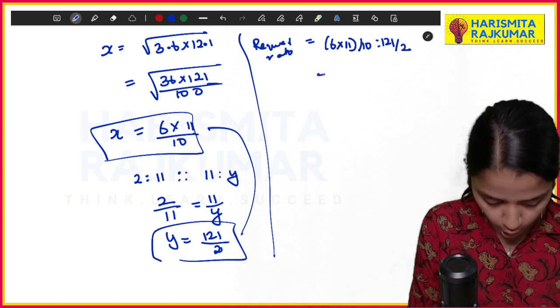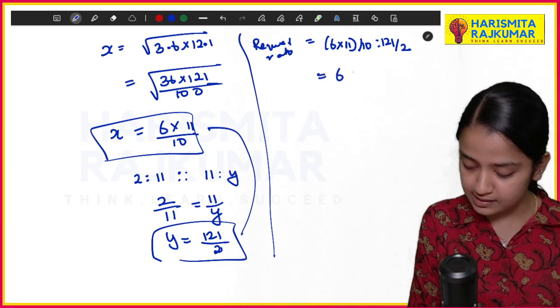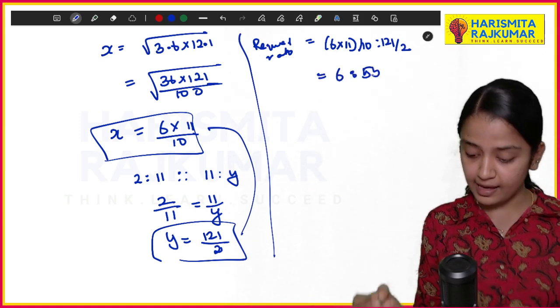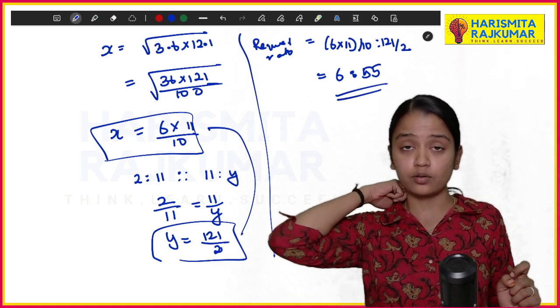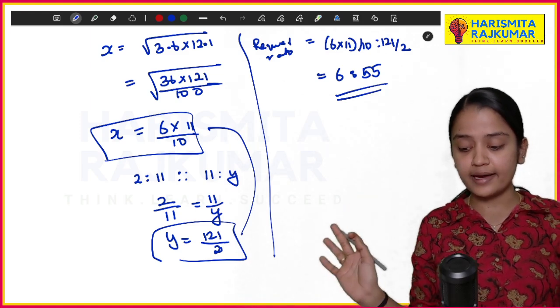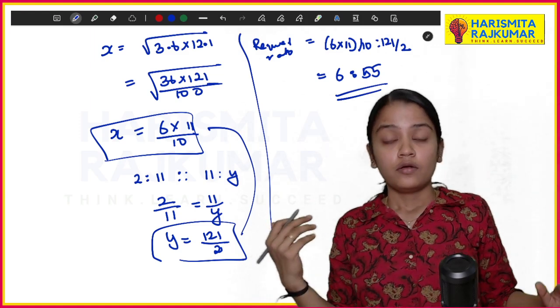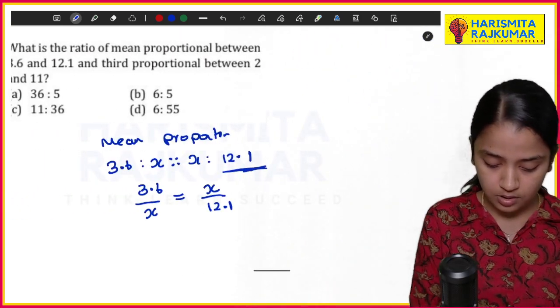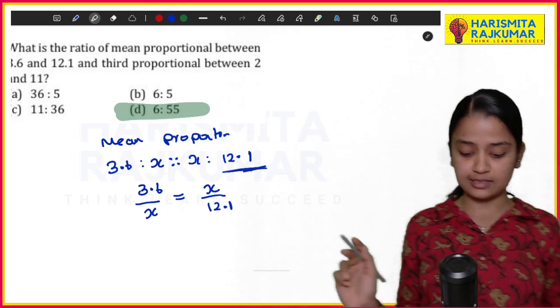When I solve the fractions and cancel everything, I will get 6 is to 55 as my answer. So my final answer for this question is 6 is to 55.